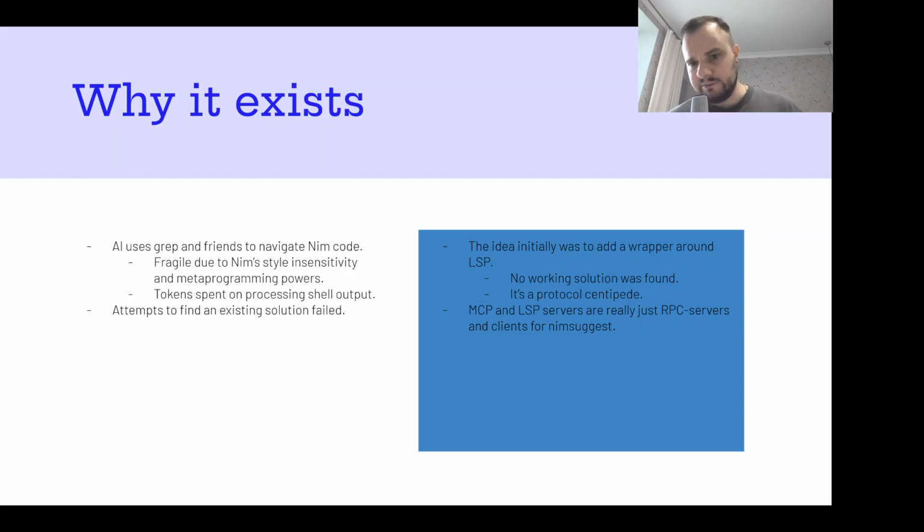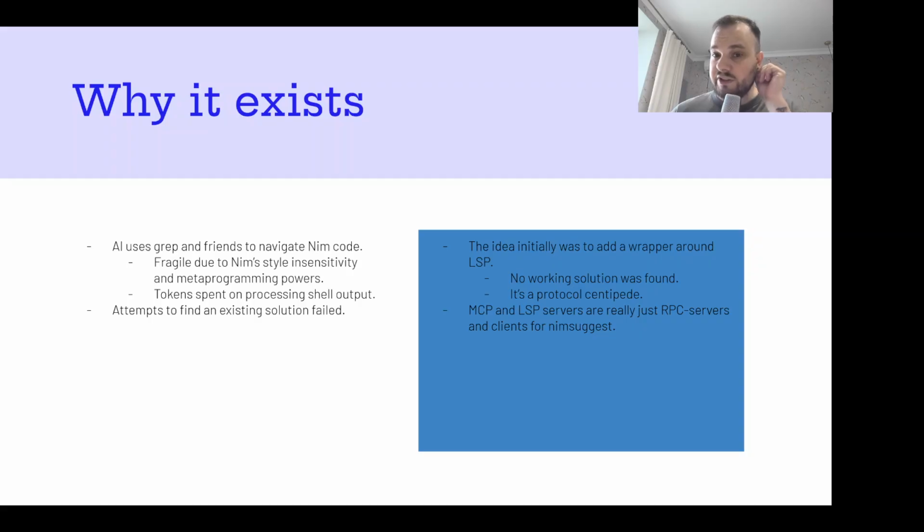Now that failed, because first I could not find a working solution. There are several solutions lying around, so this is not a new idea. People have thought about it already, but for some reason I could not find a well-maintained, documented, mature working solution. And also, it feels kind of bad that we're constructing what I call a protocol centipede.